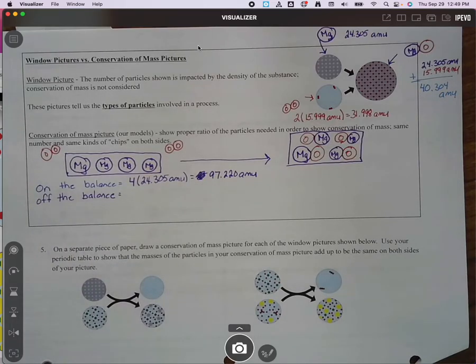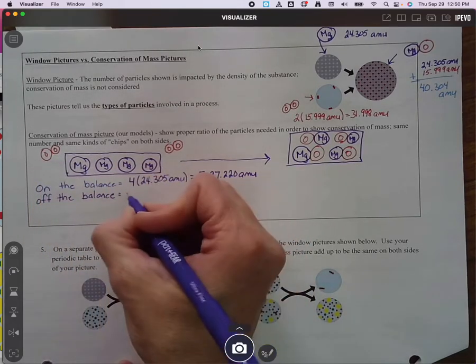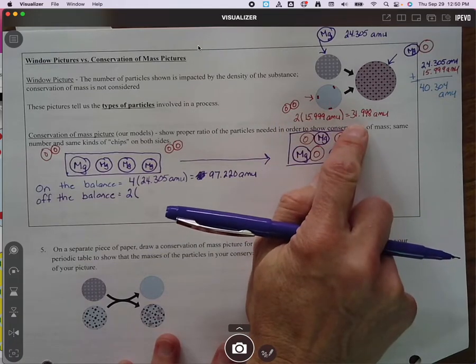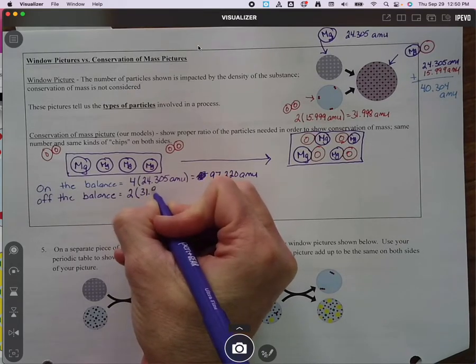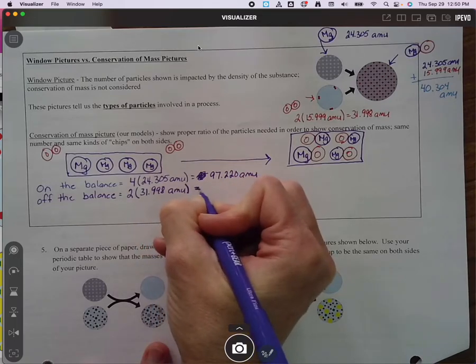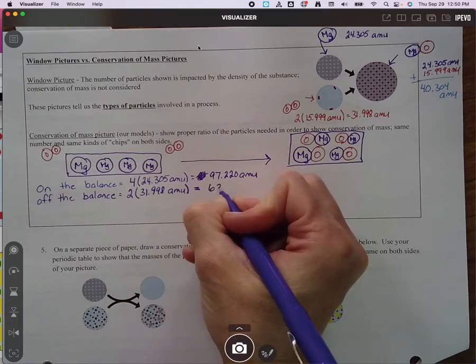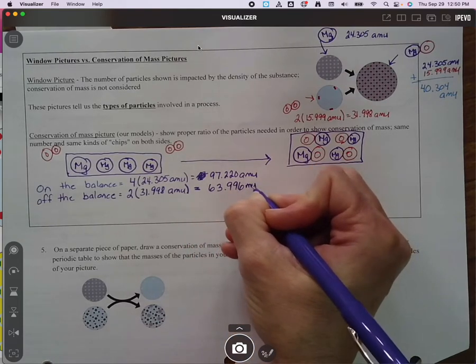We just can't get those gas particles to sit on the balance to be weighed. So off the balance, I have 2 of the oxygen pieces, and each oxygen piece weighs 31.998 AMUs. So I've got 63.996 AMUs not on the balance here.